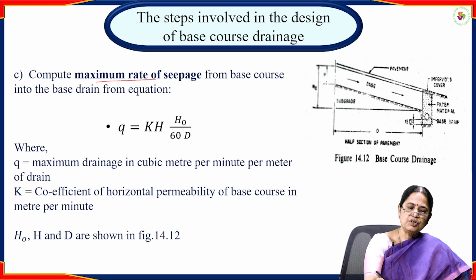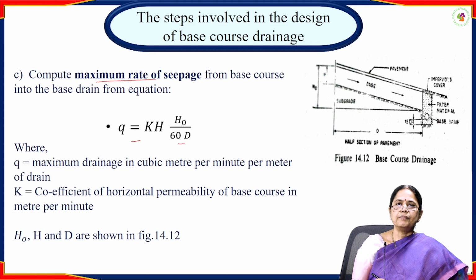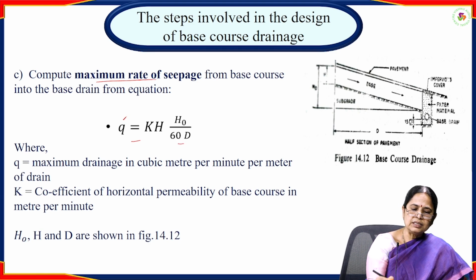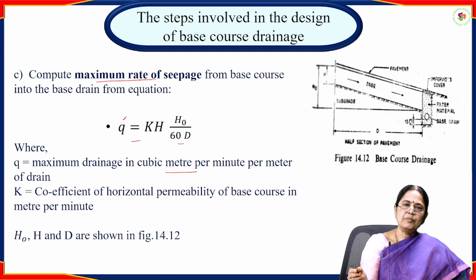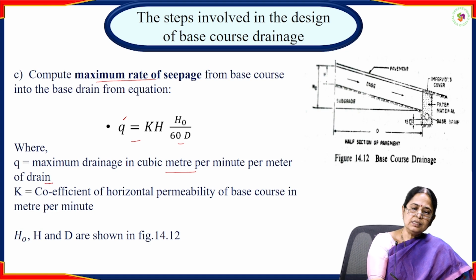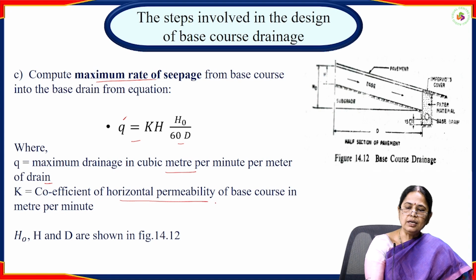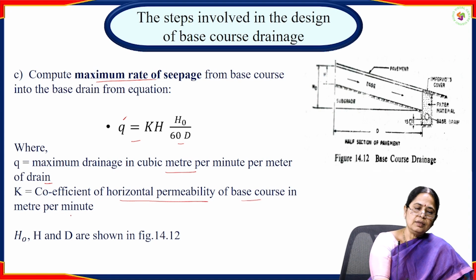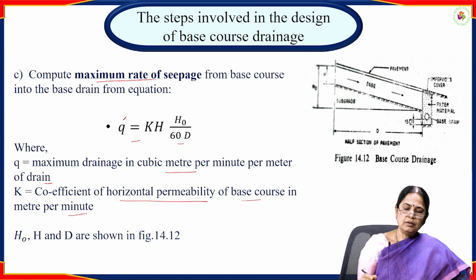So, the next step is to compute the maximum rate of seepage from the base course into the base drain from the following equation. Q is equal to K H into H0 divided by 60D, where Q is the maximum drainage in cubic meter per minute per meter length of the drain. K is the coefficient of horizontal permeability of the base course in meter per minute.